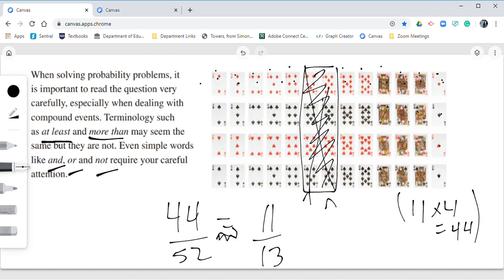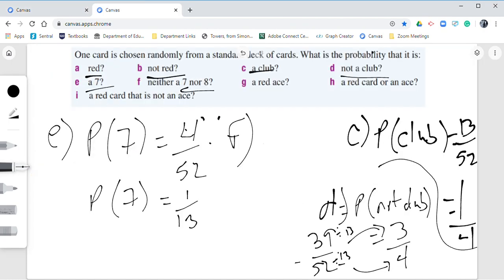So again, simplified, 11 out of 13 probability. These are pretty good chances that you're going to get neither a 7 nor an 8. I've run out of room. Let me erase.